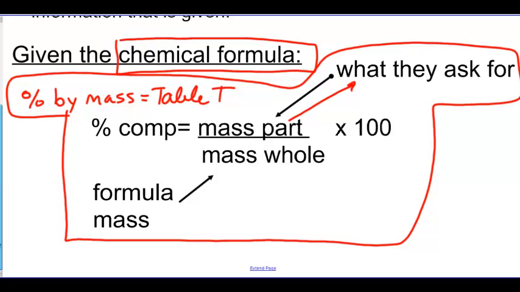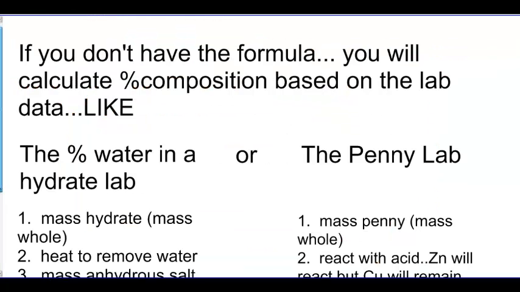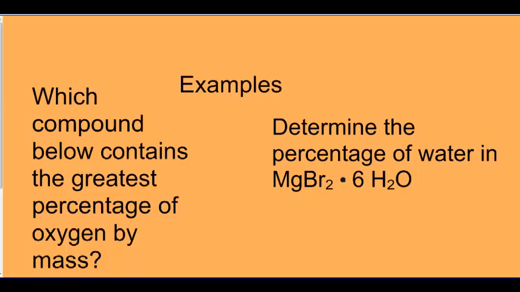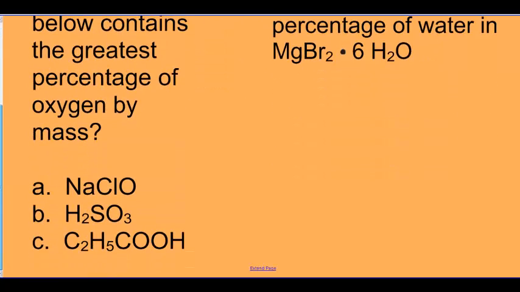Sometimes they'll give us lab data, and we'll talk more about that when we actually do the lab. We'll debrief on the lab tomorrow. So, a couple of examples. You have this one, I believe. This is number 1. Which compound contains the greatest percent oxygen by mass?